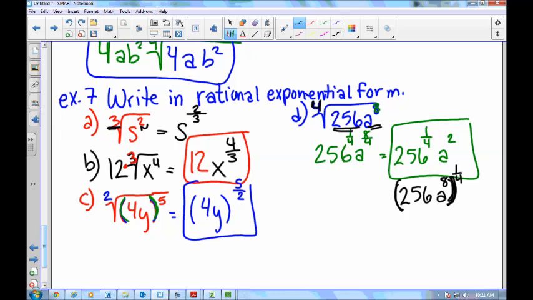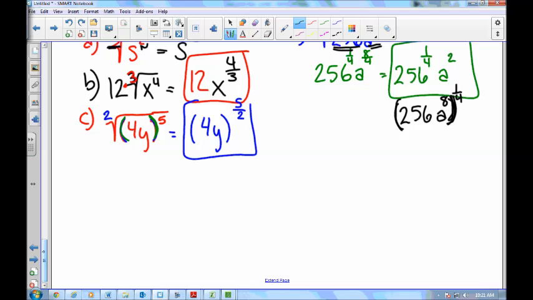Let's do one last example. E. I'm going to put it underneath C, even though E comes after D. This one right here I wanted to do. Third root of 125, all of that in parentheses, raised to the 4th power. Guess what?